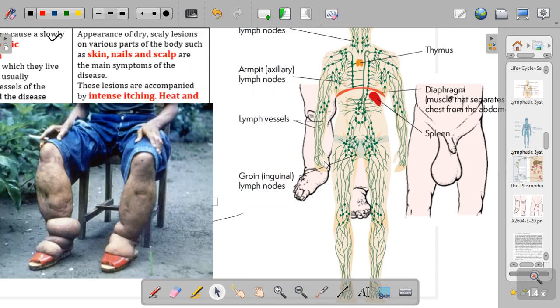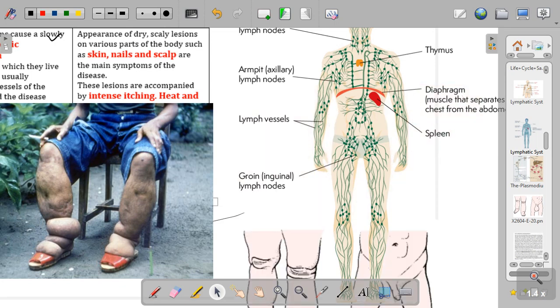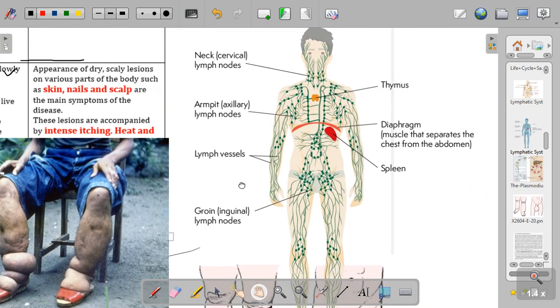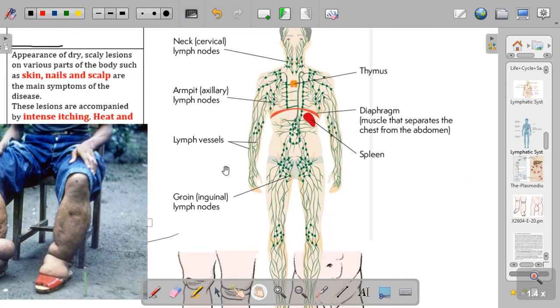Our body has a system called the lymphatic system helping us in defense mechanism. You can see in the lymphatic system there are so many lymphatic vessels, the green thread-like structures, and there you can see the lymphatic nodes. When the filarial worm infects, it will go in and cause inflammation of these nodes.